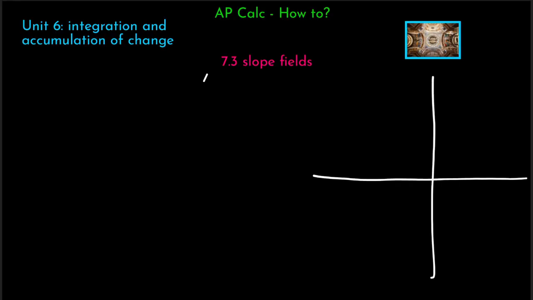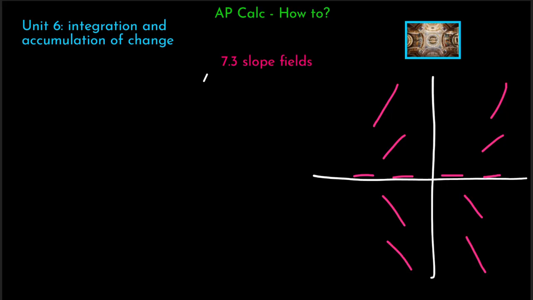Suppose a slope field shows horizontal lines at y equals 0. At y equals 0, you're going to have a bunch of horizontal lines. Positive slopes above the x-axis, so something like this. Negative slopes below.